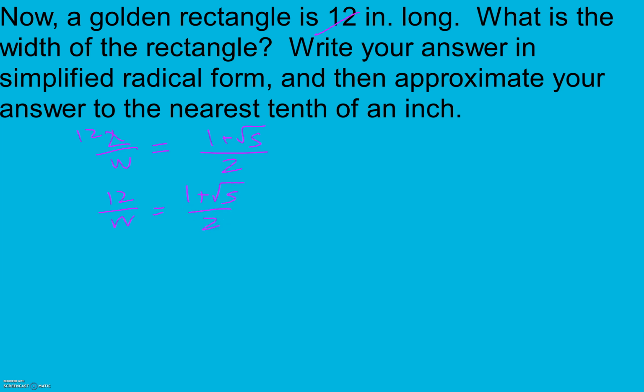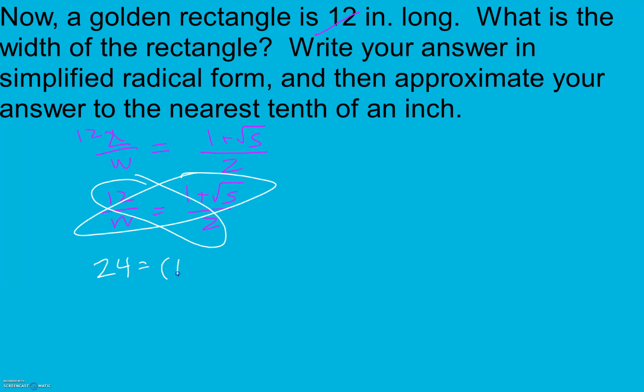We have proportions, so I'm going to use cross products. 12 times 2 is 24, and 1 plus the square root of 5 times w, set equal to each other. To get rid of my multiplication, I'm going to divide. So right now I have w equals 24 over 1 plus the square root of 5.